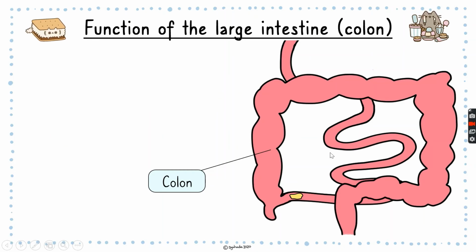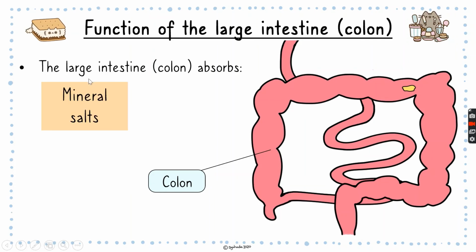We talked about chyme before, and chyme is the mixture that you get after the bolus is released from the stomach. Since this chyme is now going to move into the colon, while the colon does peristalsis and moves this food along, it actually absorbs all of the mineral salts and also excess water.